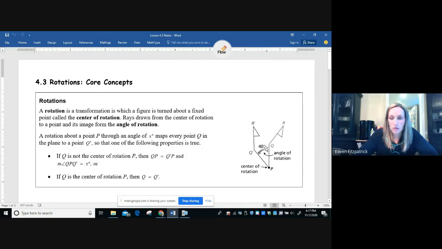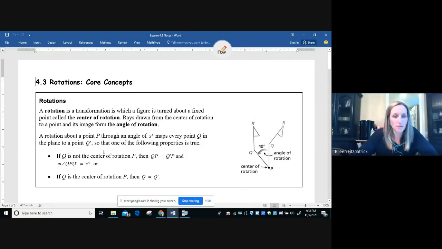Okay, so they're showing the angle of rotation, and they're showing that the distance from the center of rotation to point Q is the same as the center of rotation to point Q prime. So the figure stays the same distance away from the center of rotation.